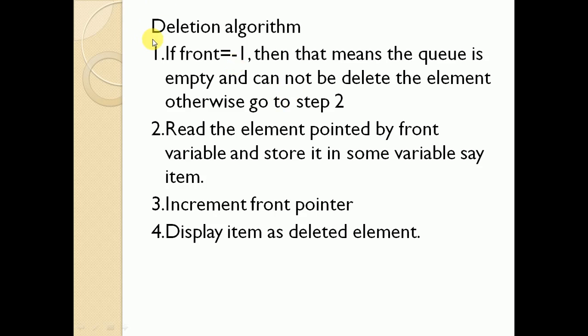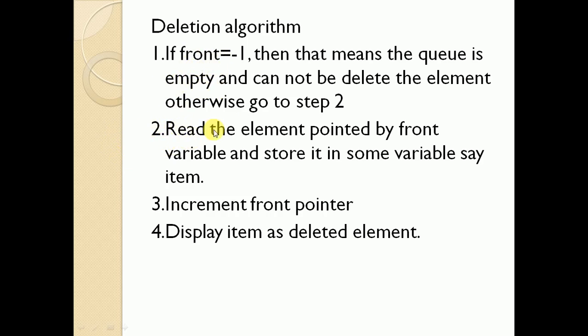Then the second algorithm, for deletion. If front is equal to -1, that is, if front is pointing to -1, that means the queue is empty and no element can be deleted. If the queue contains no element, how is it possible? In that case you go directly to the end and print queue is empty.